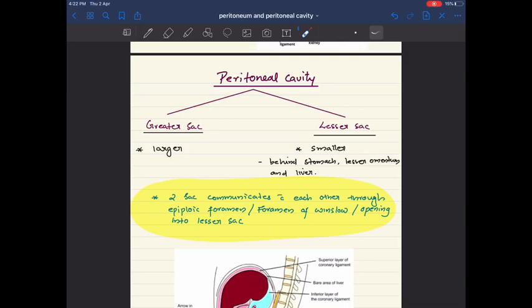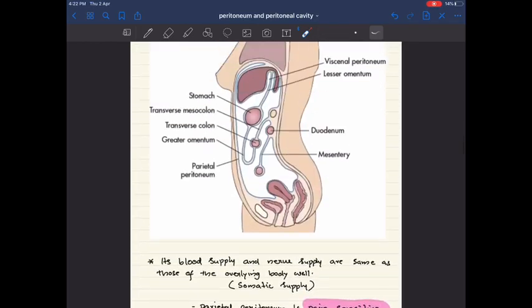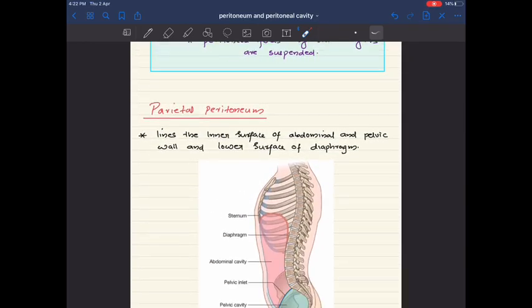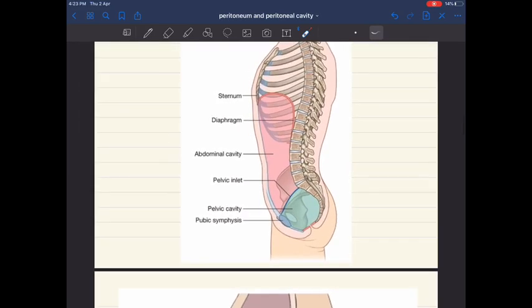Okay, so let's get into the next topic, peritoneal cavity. So what is peritoneal cavity? See, this is peritoneal cavity. Okay, but we have divided this, one second, this one is peritoneal cavity.